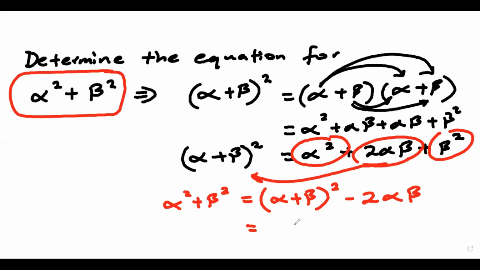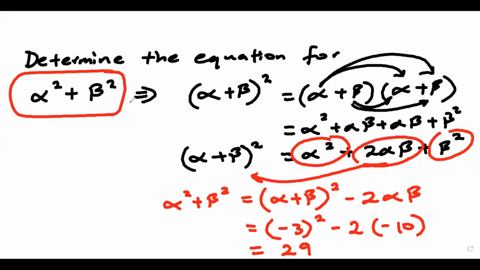So we have minus 3 squared minus 2, and we know that alpha beta was minus 10. So minus 3 squared, that's 9. Negative 2 times negative 10, that's 20. So you're going to get alpha squared plus beta squared to be 29.